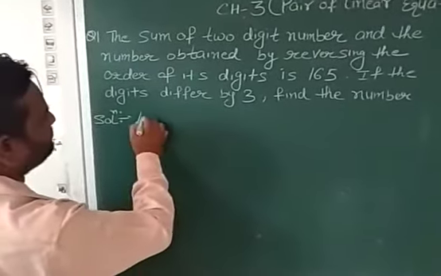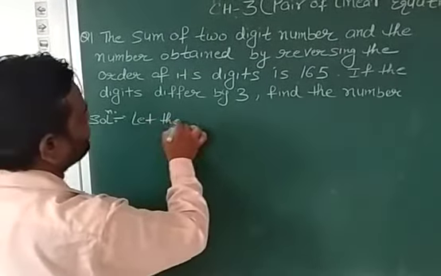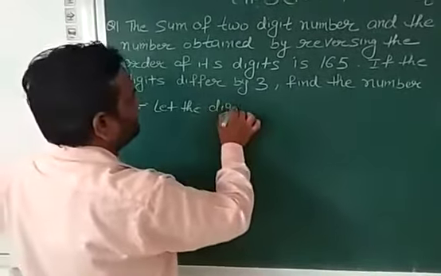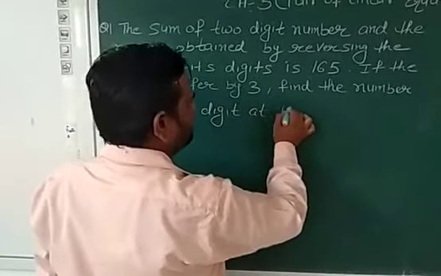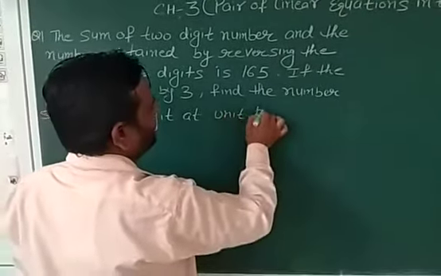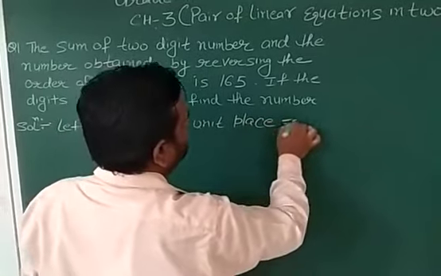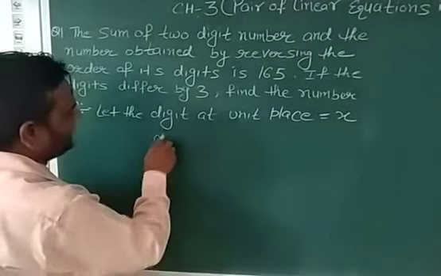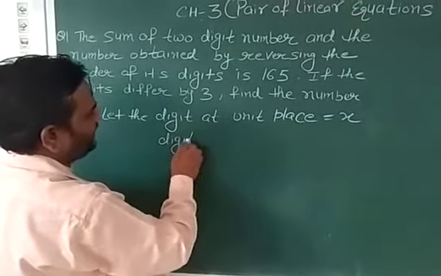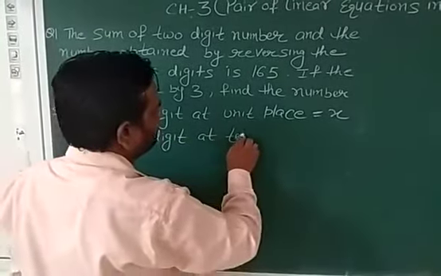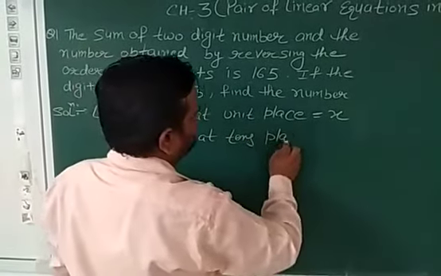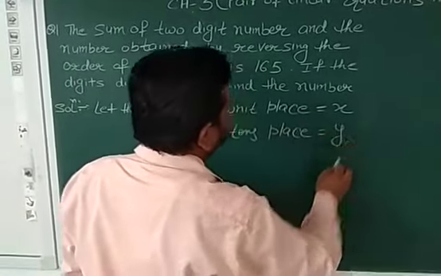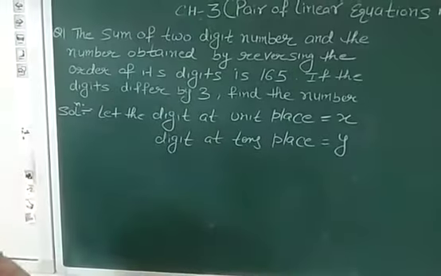Let us start. Let the digit at unit place be x and the digit at tens place be y. All of you know two-digit numbers very well.